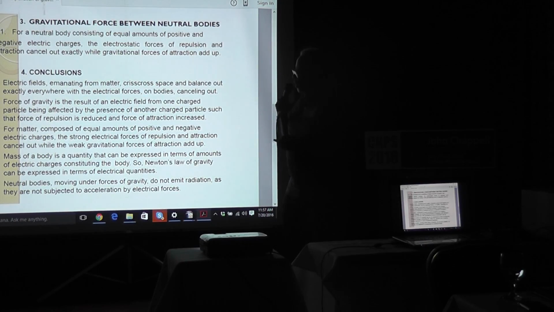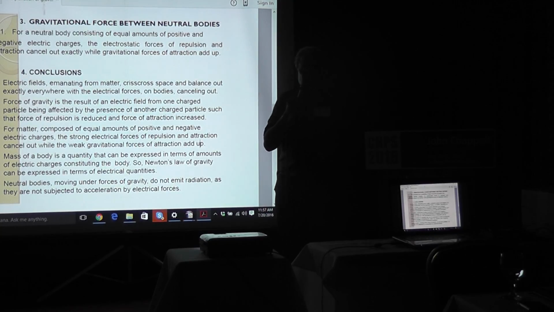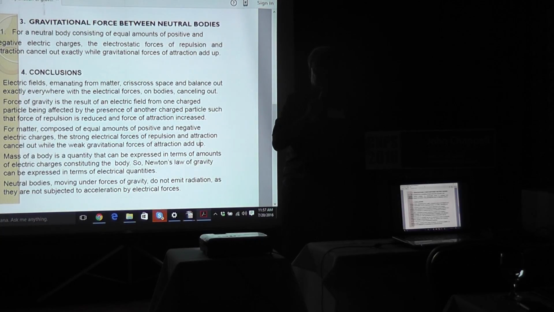I have been asked since coming to this meeting whether I believed in the ether or not. It's not a question of believing in the ether. It's a question of what is your concept of space. Our concept of space is that it is empty, a vacuum with regions of matter. Matter emits electric fields.